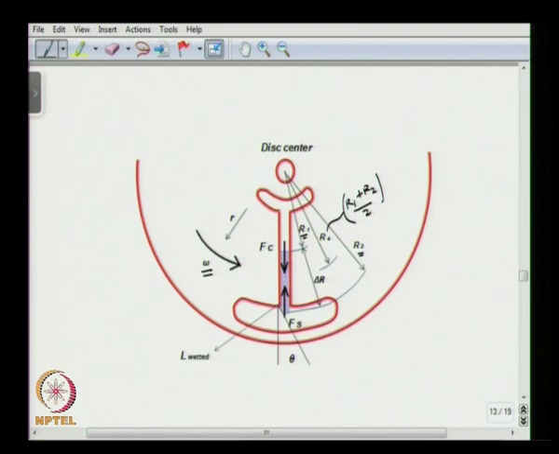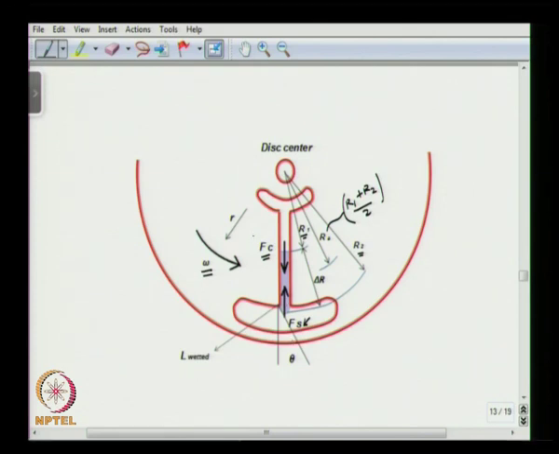So, for this liquid column, if this is rotated, there are two forces that are acting. One is the centrifugal force which acts outward, and the second one is the surface tension force which is trying to prevent this liquid column from escaping. Okay.